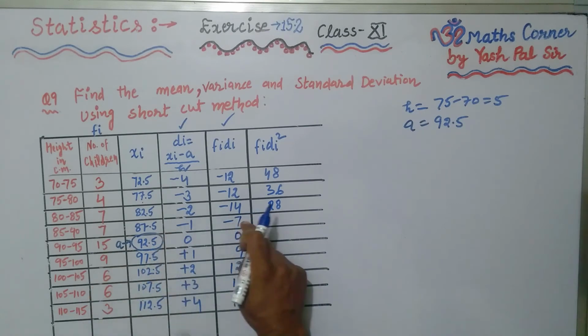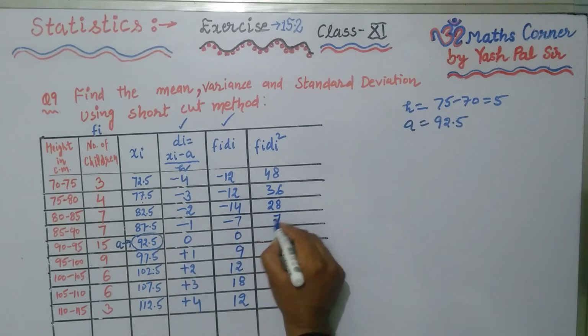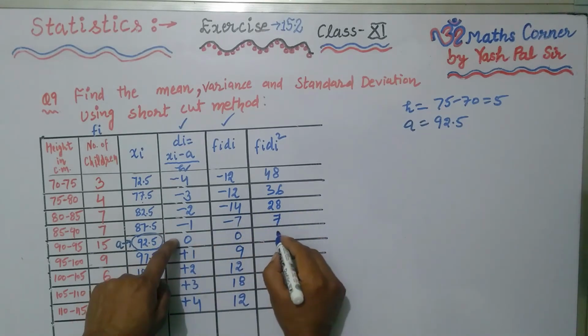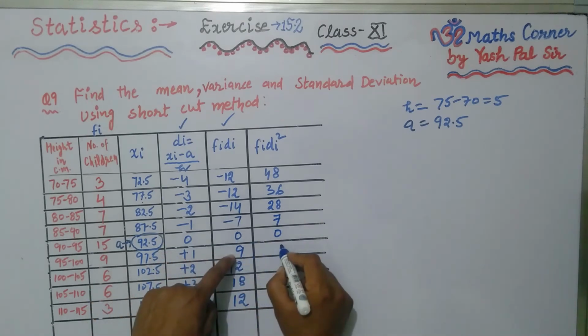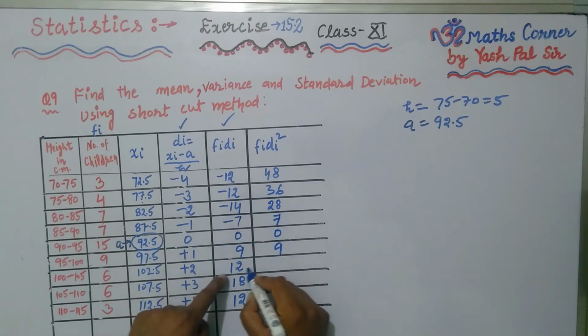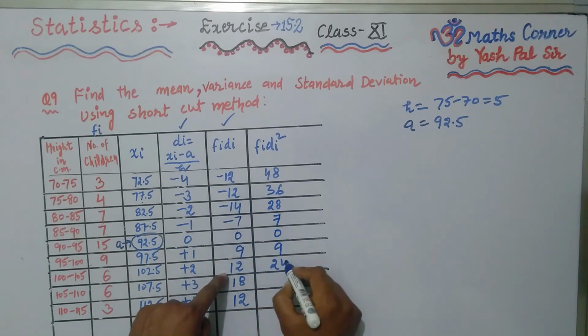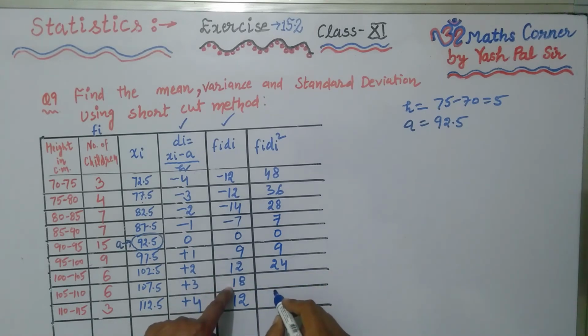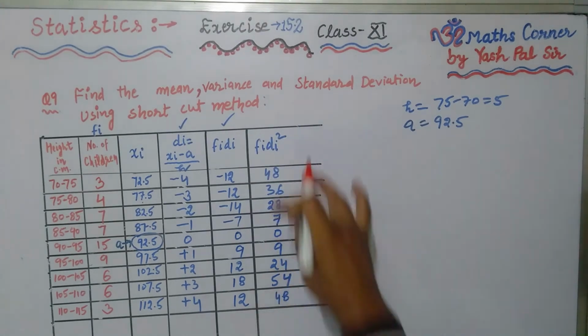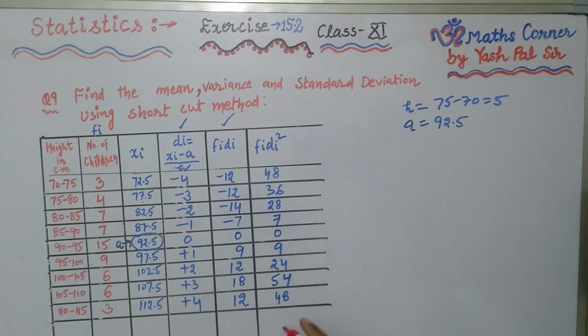Minus 1 into minus 7 is 7. 0 into 0 is 0. 1 into 9 is 9. 2 into 12 is 24. 3 into 18 is 54. 4 into 12 is 48. Okay, now we find the sum of this column. The sum of this column is 254.